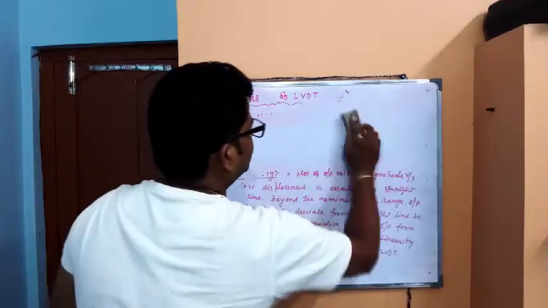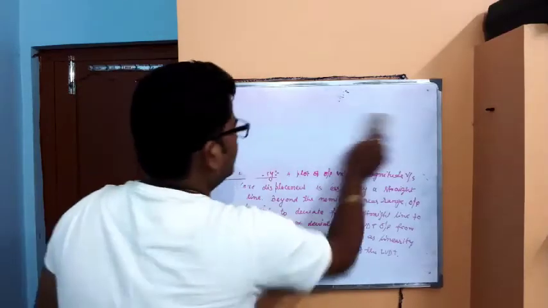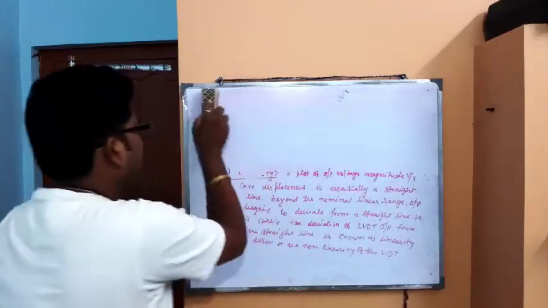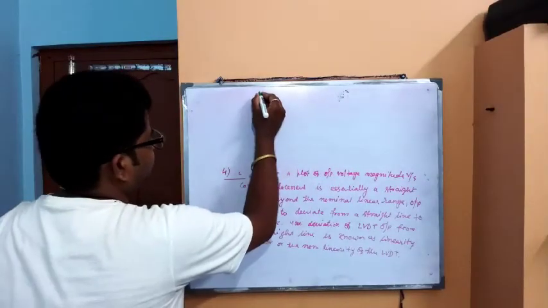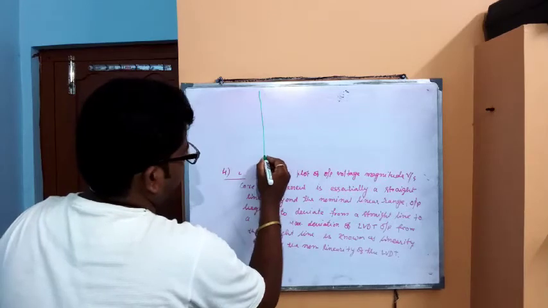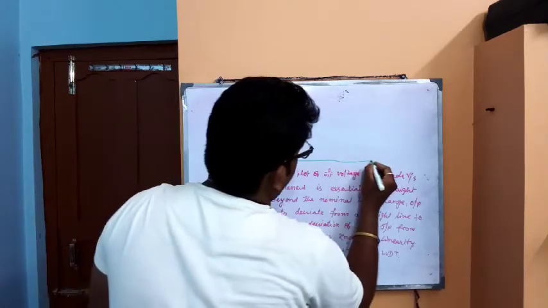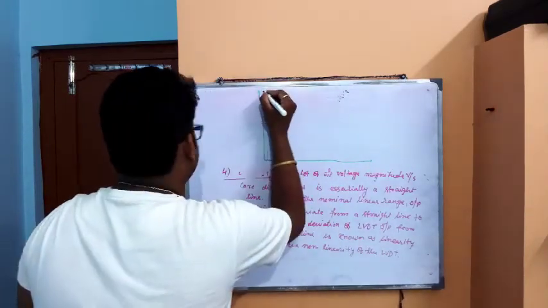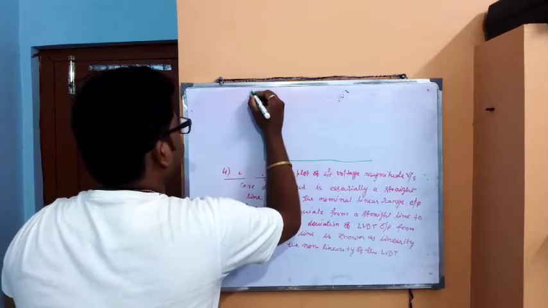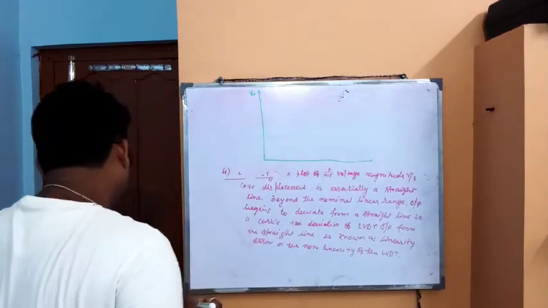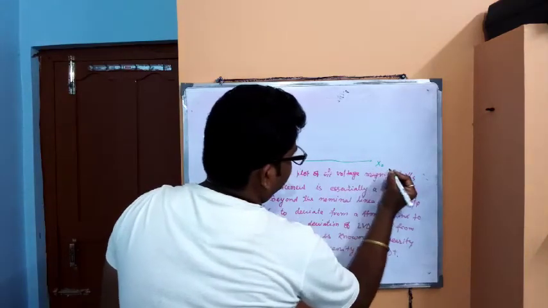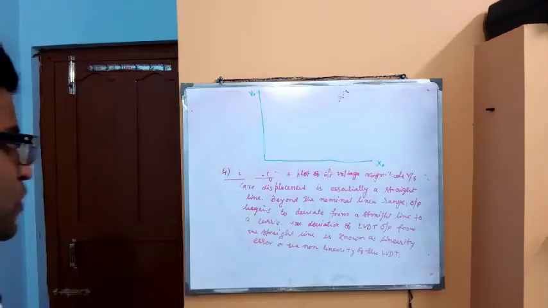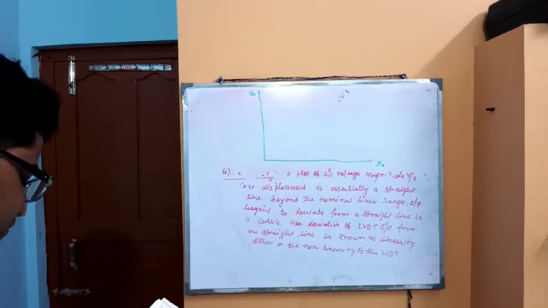If we represent the linearity and non-linearity of LVDT in a curve, let this axis represent the output voltage V naught and this the displacement x naught.